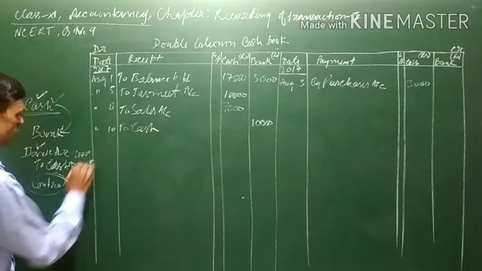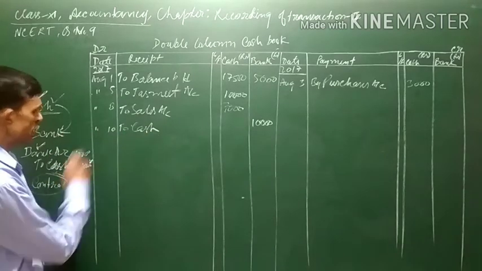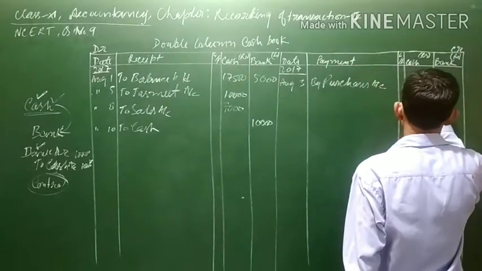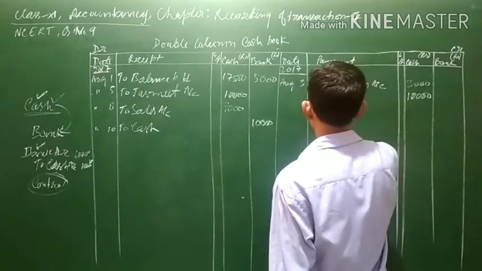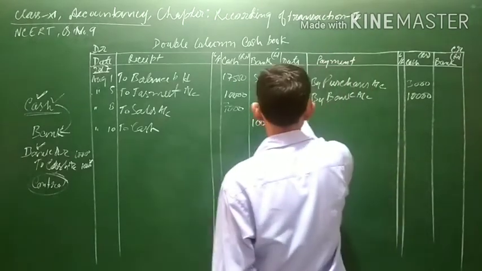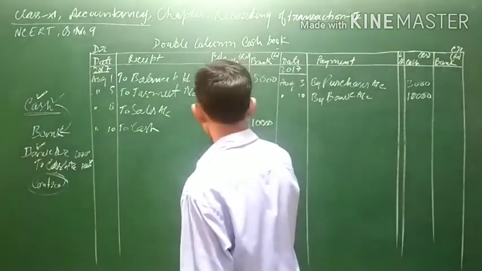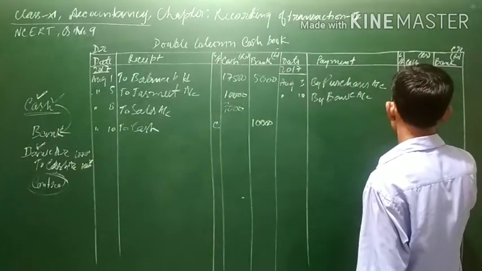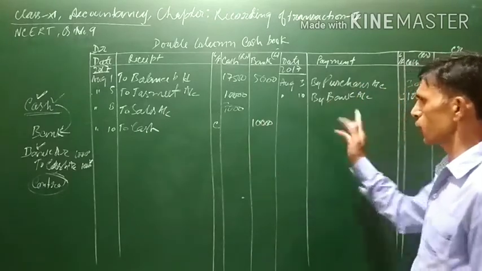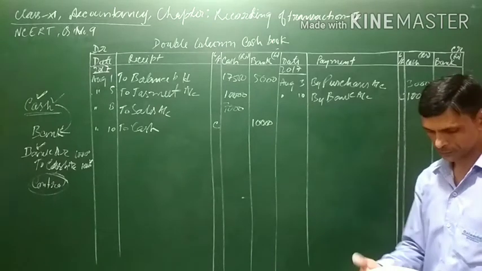Again, cash is credited also, so it will be written in the credit side of the cash column, 10,000, and here we will write by bank account, on August 10. Now, since this is a contra entry, C will be written in the folio column, which means the debit as well as the credit of this transaction appears in this cash book itself.